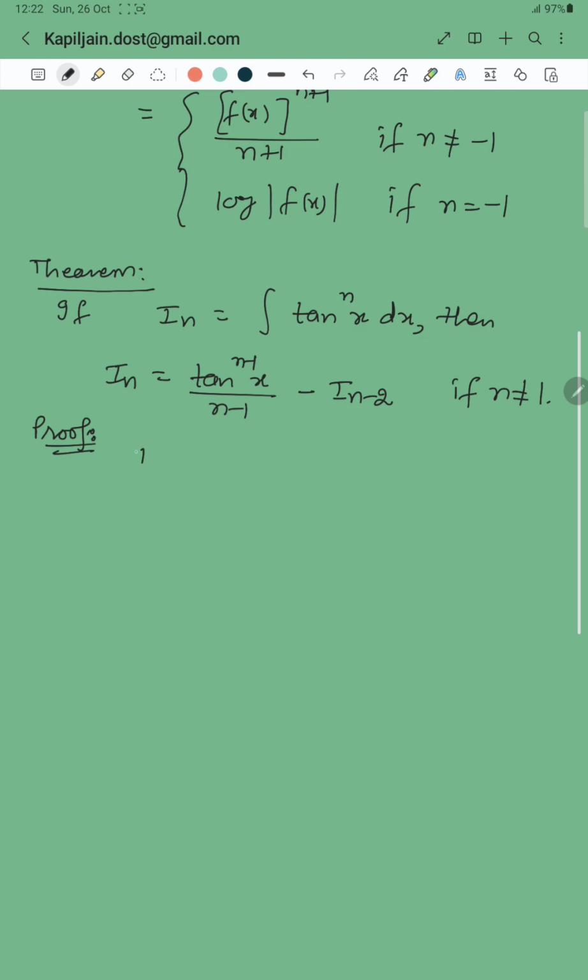So start. Let In is equal to integral tangent raised to power n x dx, which is equal to integral tangent raised to power n minus 2 x multiplied by tangent square x dx.